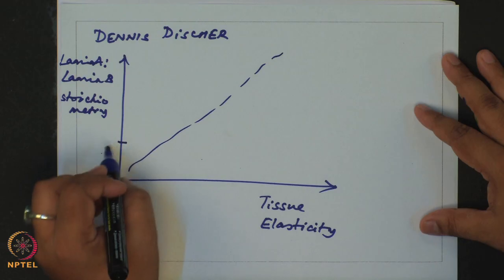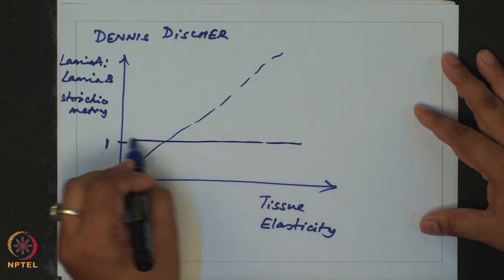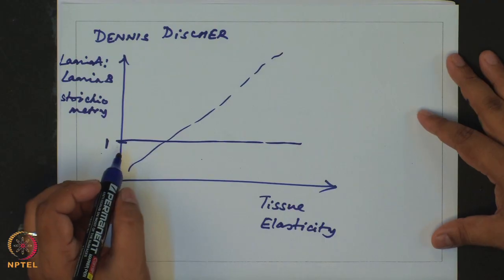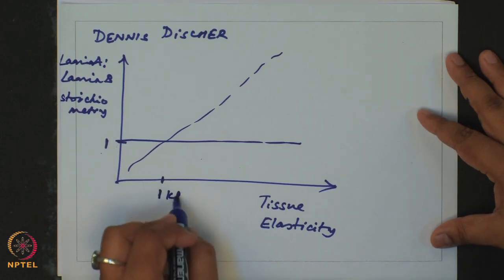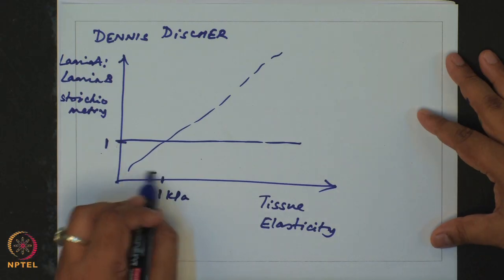So, let us say this is 1. So, below 1 you have soft tissues. So, let us say this is 1 kPa order brain. So, this is your brain elasticity.